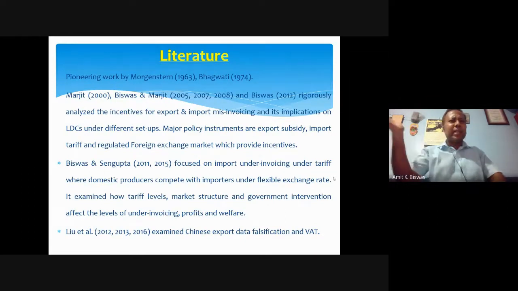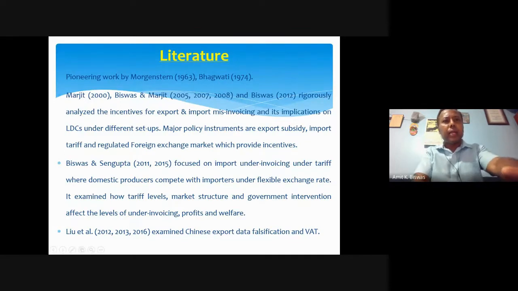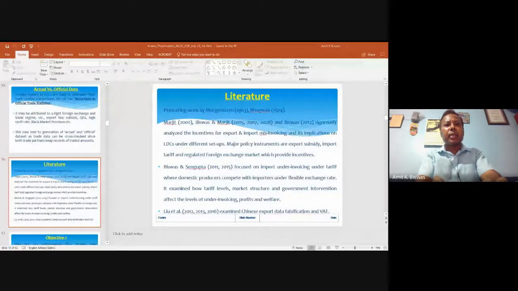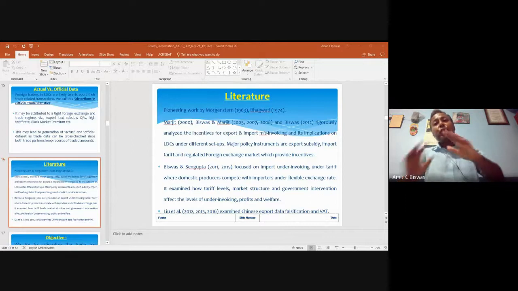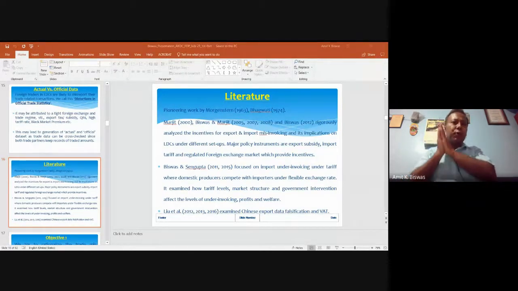There is a lot of literature, I am not talking much, but I must say one work by Jagdish Bhagwati, perhaps the most famous economist that we have in India, the living legend Jagdish Bhagwati, who actually gave shape to everything that we are talking about today. He has a very, very famous book called Illegal Transactions in International Trade.